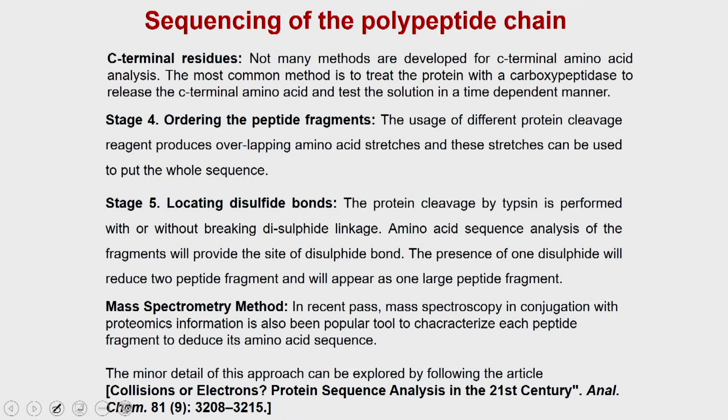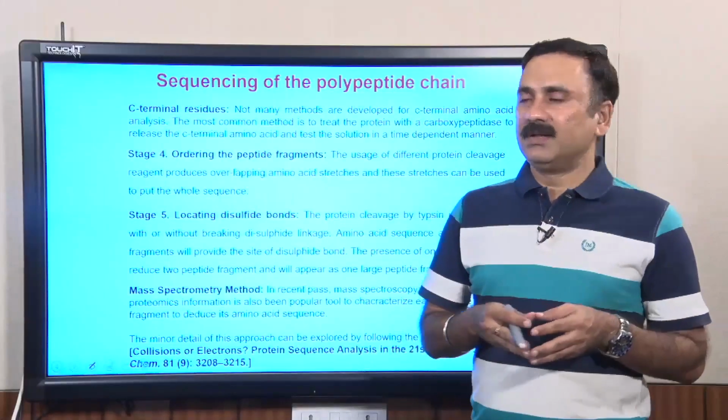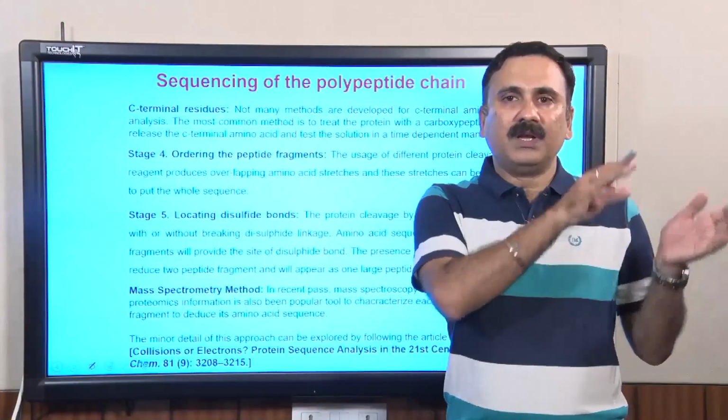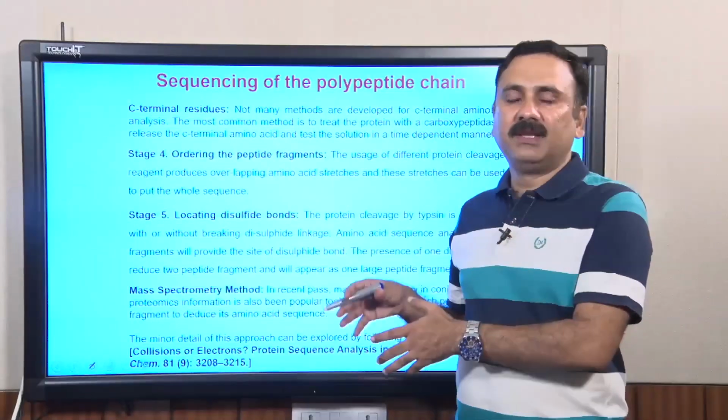Apart from that, so far what we have discussed is the sequencing of the N terminal amino acids. You can also do the C terminal sequencing, because the protein has two groups, the amino group as well as the carboxyl group.